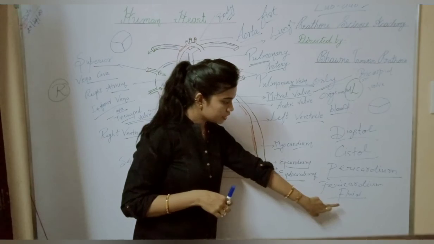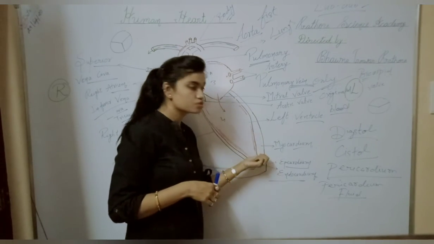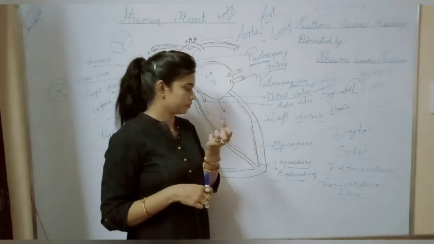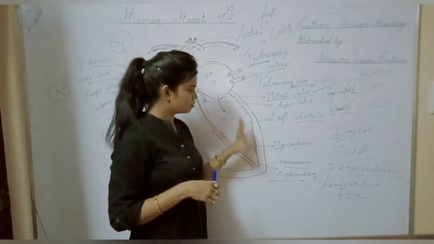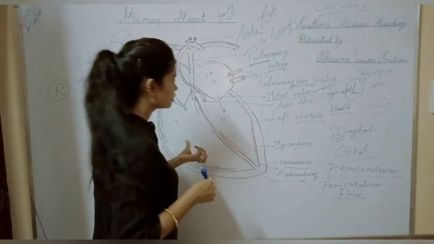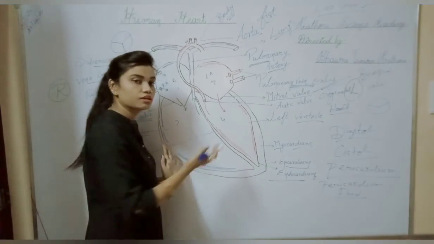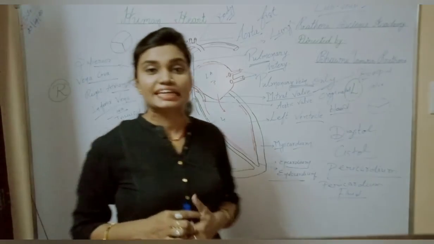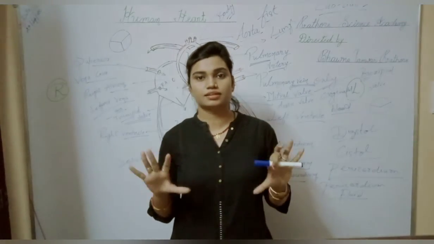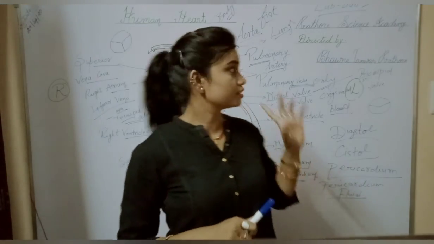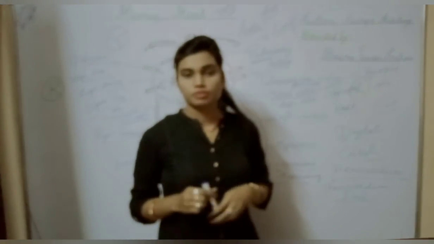So this pericardial fluid absorbs the shock, to let the heart work more efficiently and to protect the heart. So here we complete the structure of the human heart and the mechanism of the human heart.